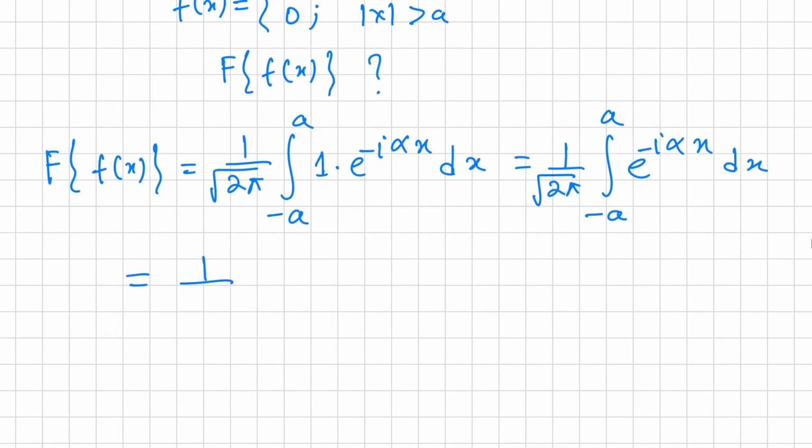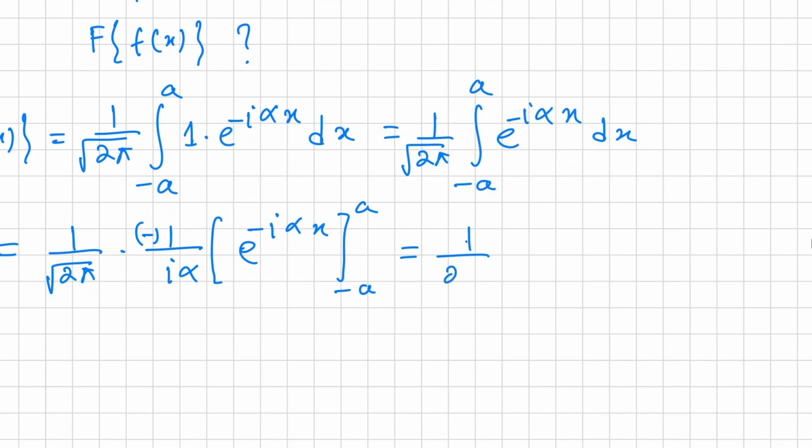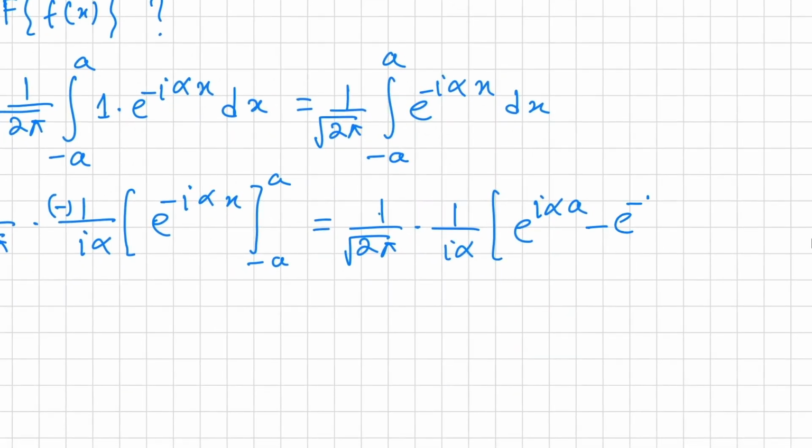Well, this integral just gives you 1 over square root of 2 pi times 1 over i alpha with a minus sign times e to the power minus i alpha x going from minus a to a, which would simplify to 1 over square root of 2 pi times 1 over i alpha, e to the power i alpha a minus e to the power minus i alpha a.